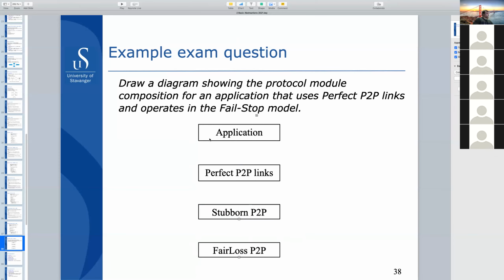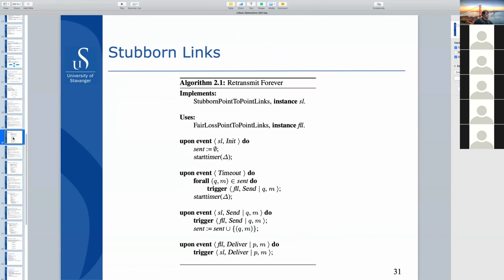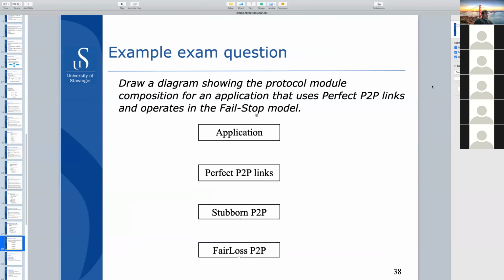So first, to draw the events, we can go to the P2P links algorithm, the module description. So we see here we have one request event and we have one indication event. So we can start by drawing this.